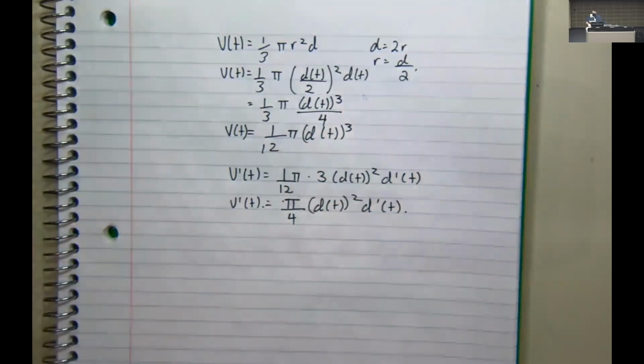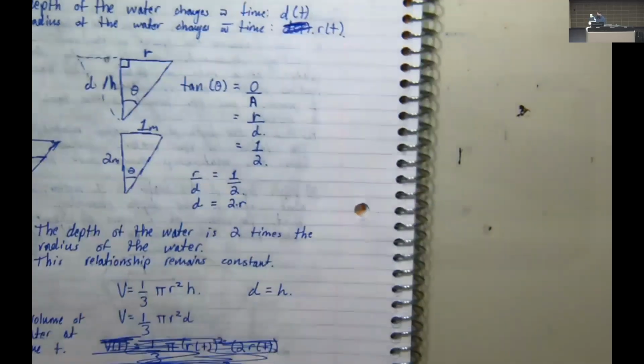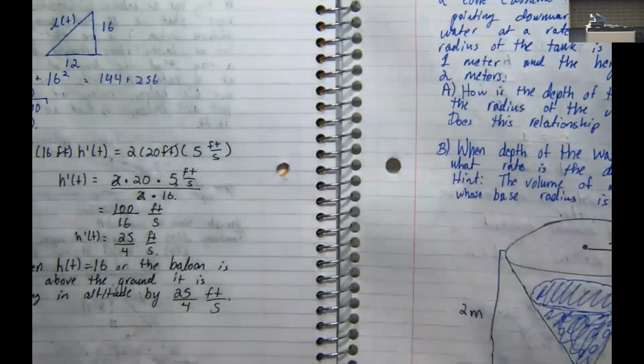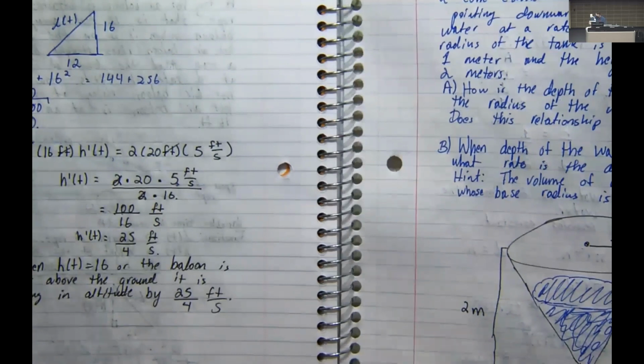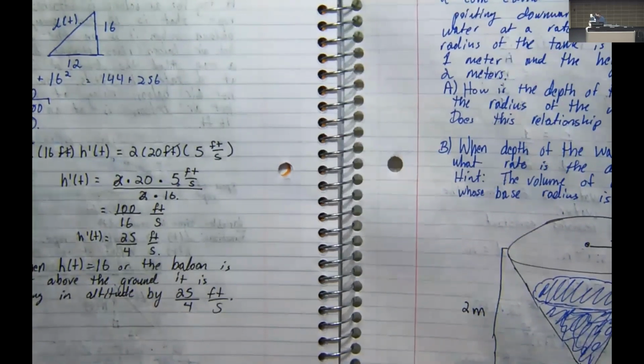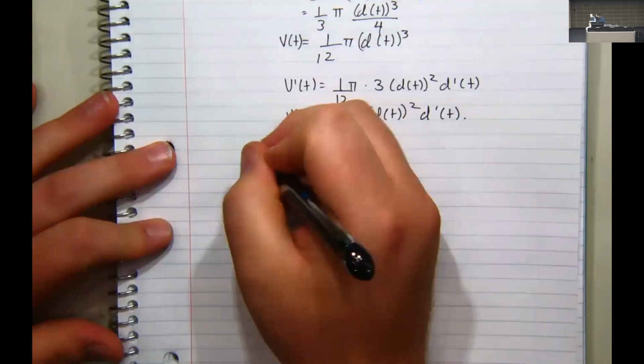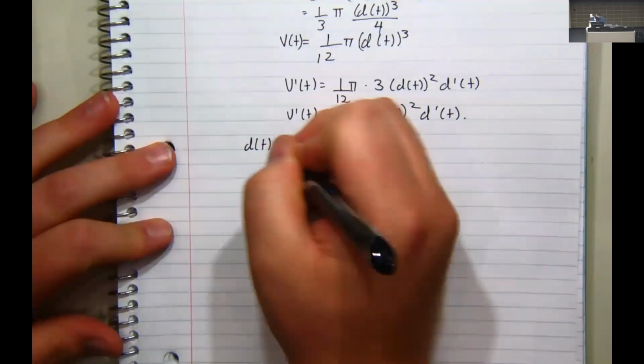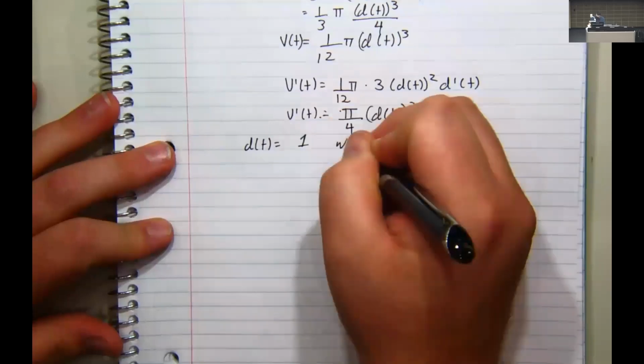Okay. And so it is asking, when the depth of the water is 1 meter, at what rate is the depth changing? So when the depth d at t is equal to 1, what is d prime at t?